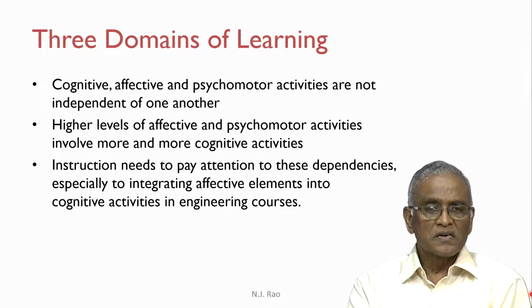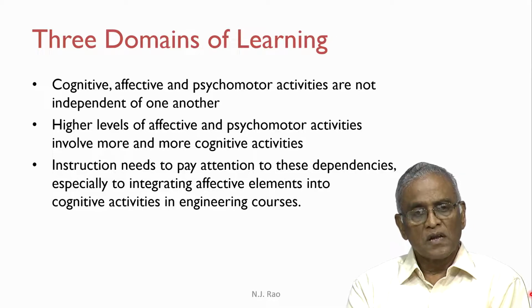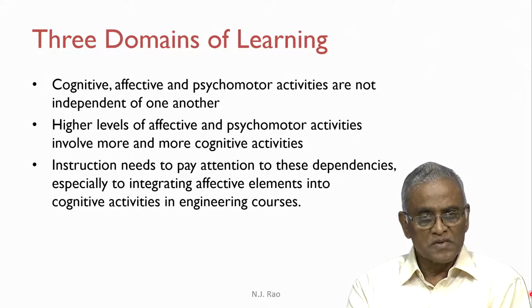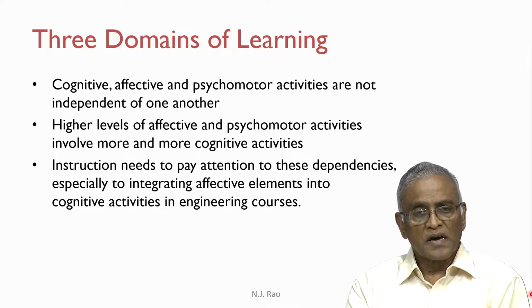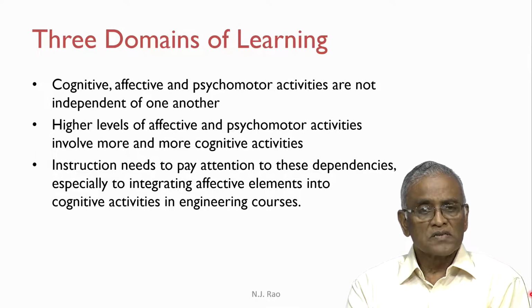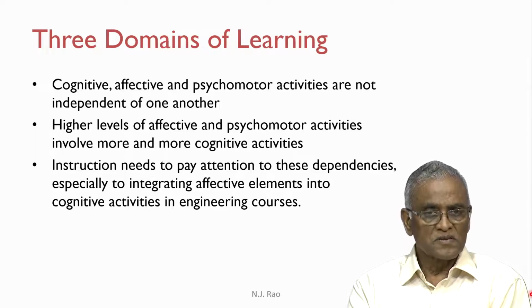We showed that all the three activities can be integrated at the highest level. Take any of those activities that we have shown, like a top class musician or a dancer: they will have activities in all the three domains.